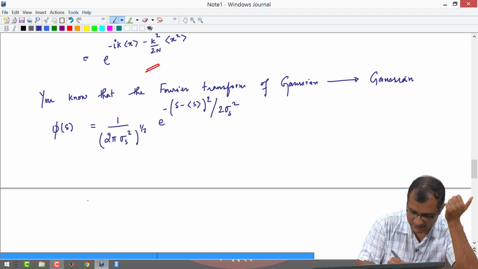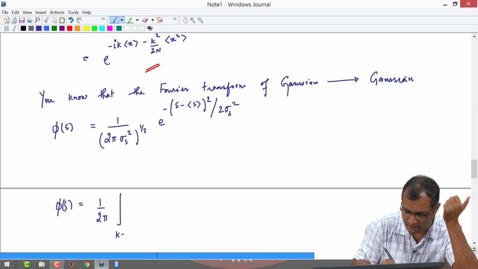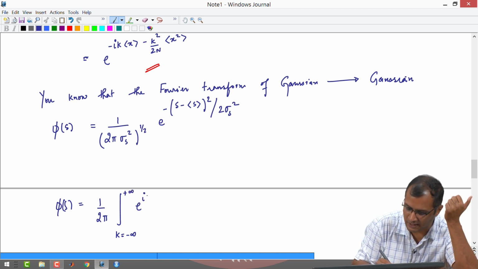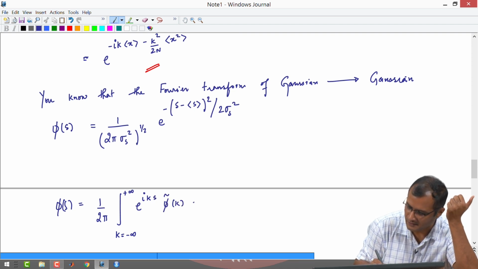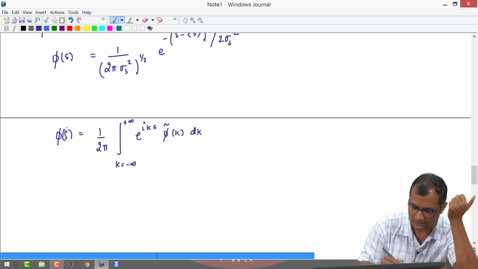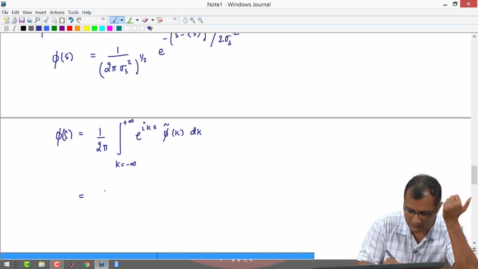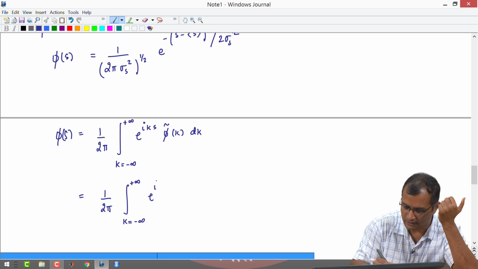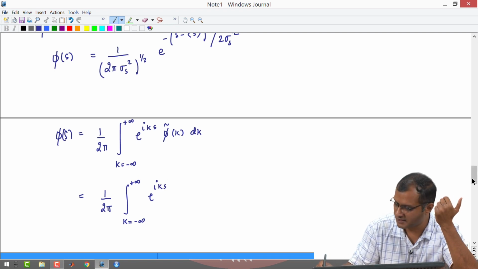You can write down phi of s as the inverse Fourier transform of phi of k. The inverse Fourier transform is nothing but the integral over k from minus infinity to plus infinity of e to the power i k s phi of k dk. Okay, you should get that. So, let us do it. So, you have 1 upon 2 pi, integral over k from minus infinity to plus infinity of e to the power i k s, and phi of k is just derived here.